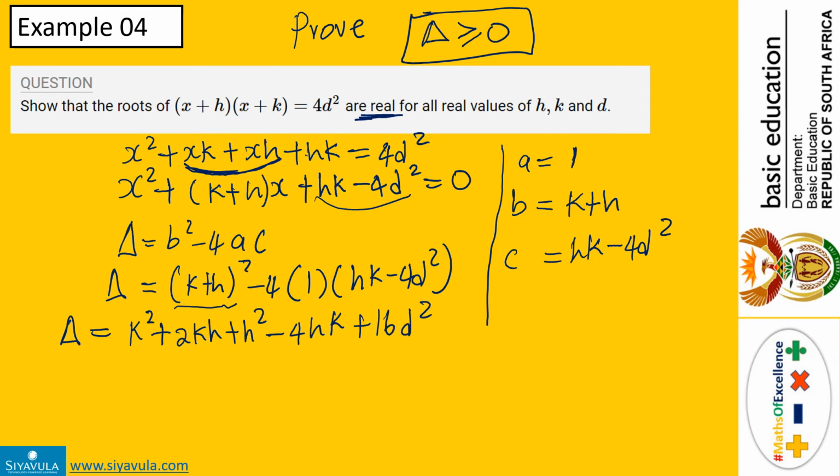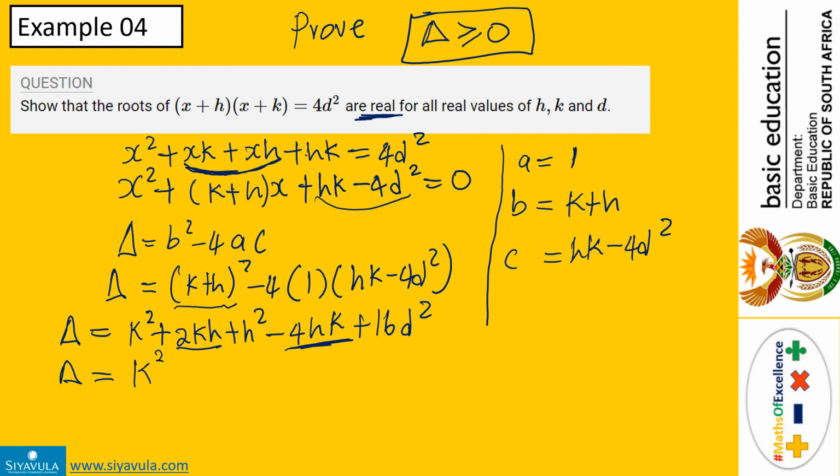I'm doing that quickly because of space, and we can see how we can solve this. Let us add the like terms. If there are any like terms, we can group them together and see what will happen next. So k², no like term, it will just remain k². 2kh has a friend, it's minus 4hk.